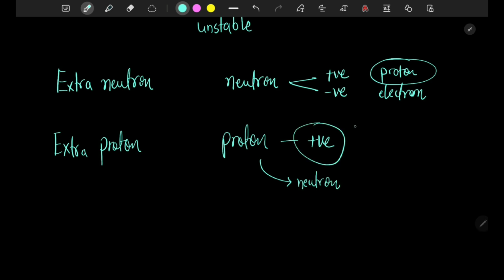But since there is this positive charge, one positive particle is released. Most of the mass of the proton is here only, and there is some very light particle like an electron, but positively charged, which is released, and we call this a positive electron or positron.